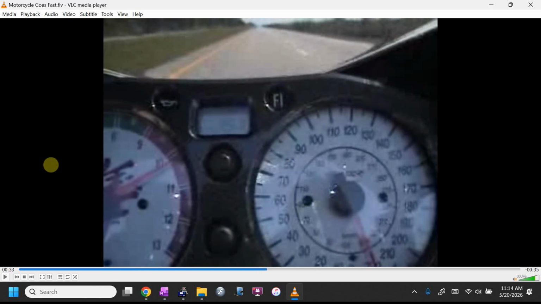How fast are we going? Units? Look at the inside speedometer closely. Units?